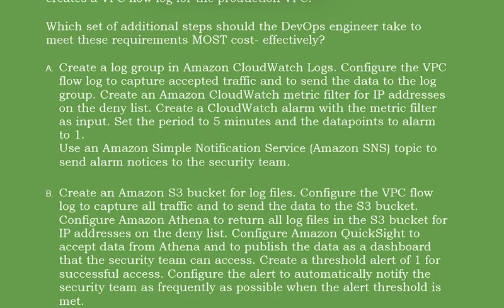Configure Amazon QuickSight to accept data from Athena and to publish the data as a dashboard that the security team can access. Create a threshold alert for 1 for successful access. Configure the alert to automatically notify the security team as frequently as possible when the alert threshold is met.